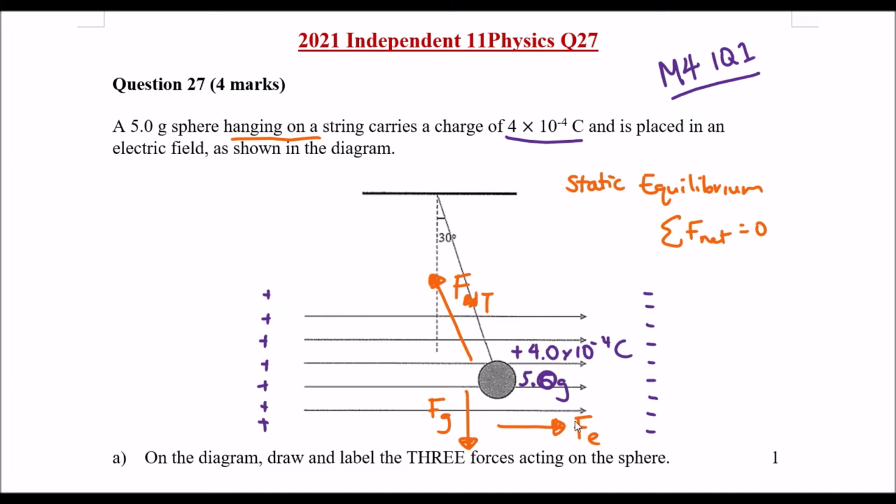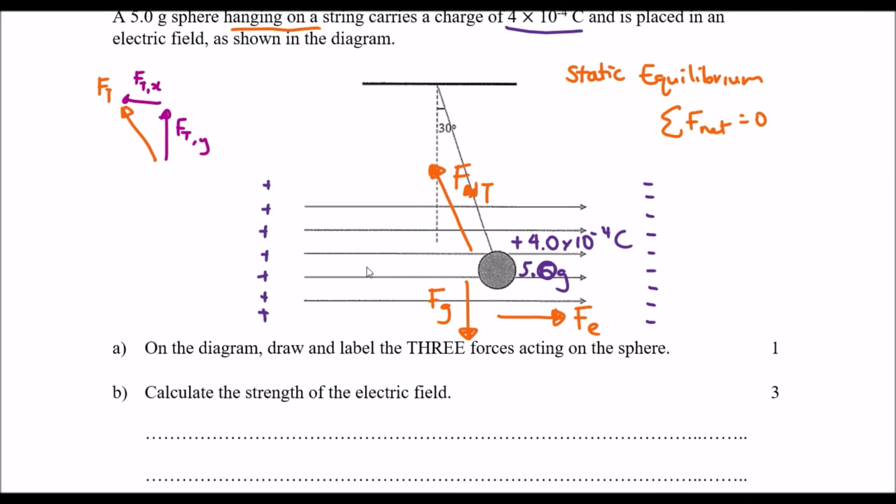I'll draw that as an example. The tension force has an x component and a y component, and they are in the opposite direction to their counterparts, which gives static equilibrium. That's just a bonus, it's not part of the question. Let's move on to the next one.